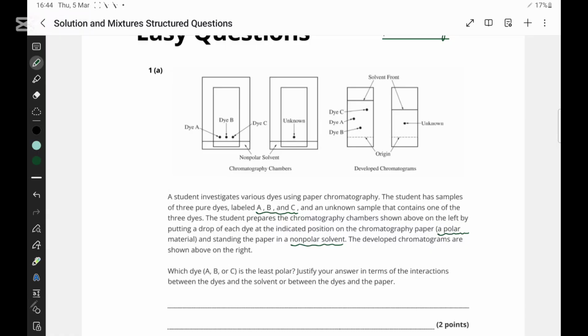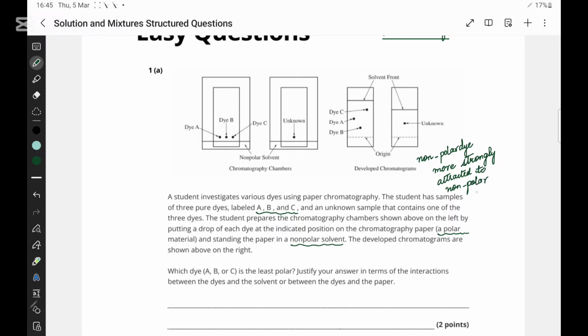So we can see that a non-polar dye will be more strongly attracted to the non-polar solvent.